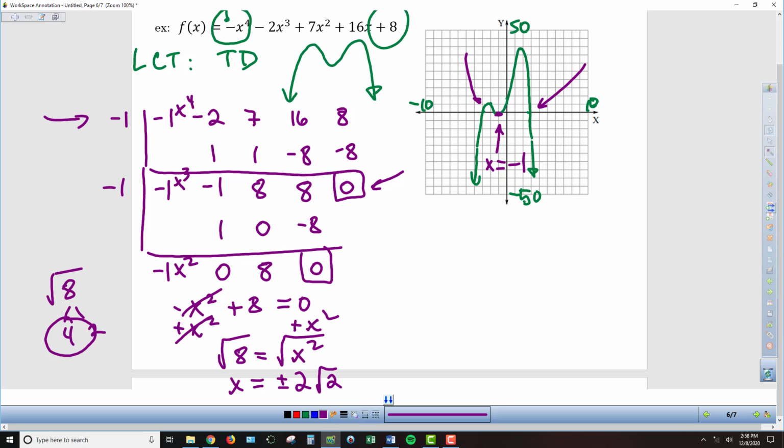So we have found the value of those two decimal zeros that we got from the graph. For all of our zeros, we've got x equals the -1 that we observed, and we don't need to list it twice, even though it's a double zero. So we've got -1, and then plus or minus 2 root 2 are the other remaining zeros.